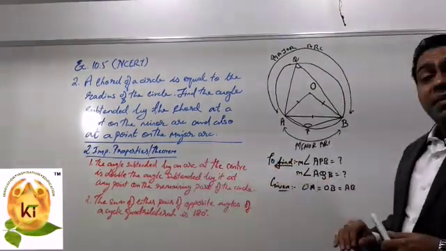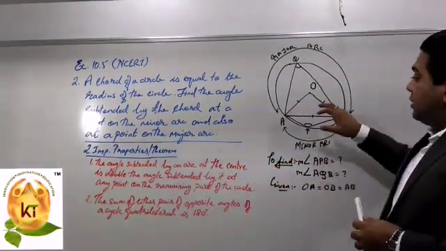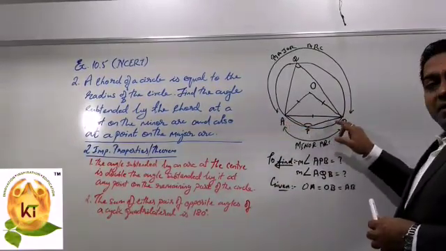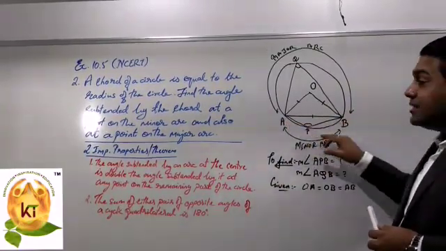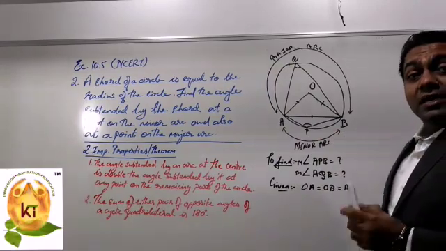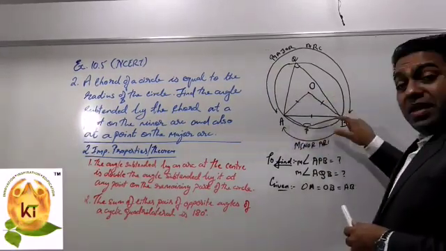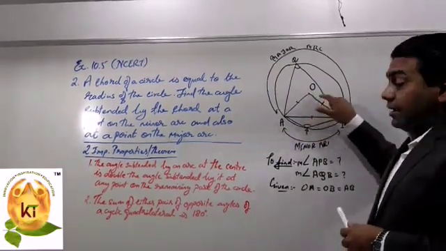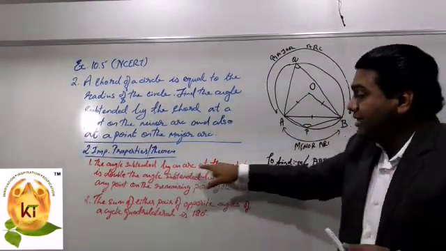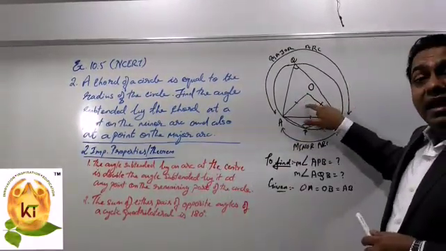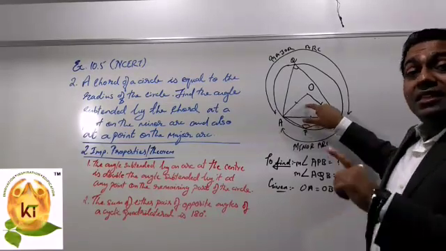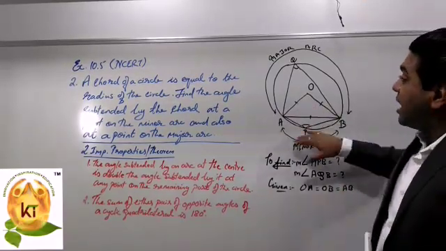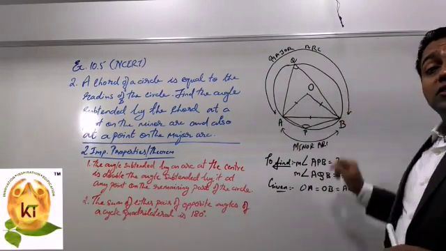The angle subtended by an arc at the center of a circle. Now, if I take arc APB, which is the angle subtended by this arc at the center of the circle? Yes, you get it, angle AOB. So this particular angle is the angle subtended by the arc at the center. This angle will always be double the angle subtended by the same arc at any point on the circle.